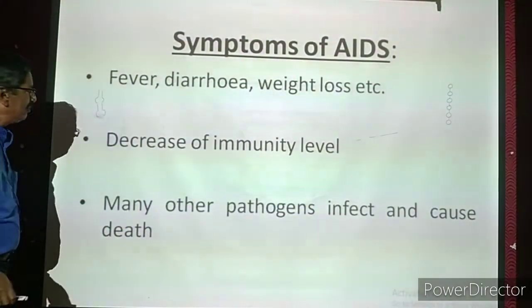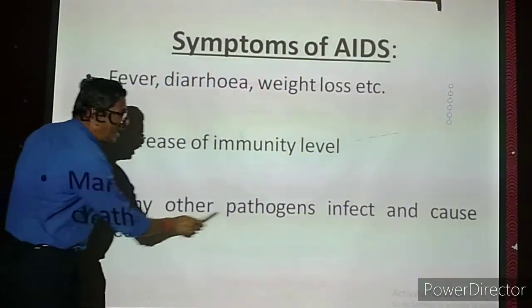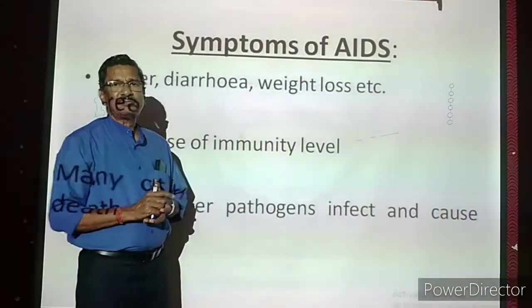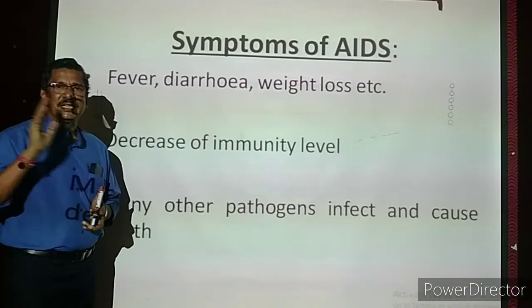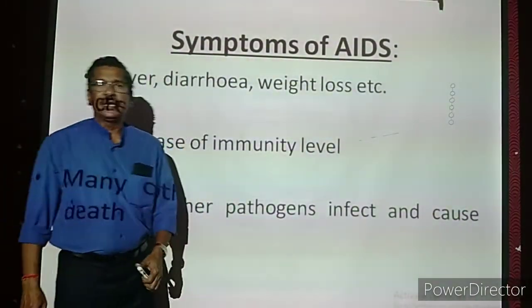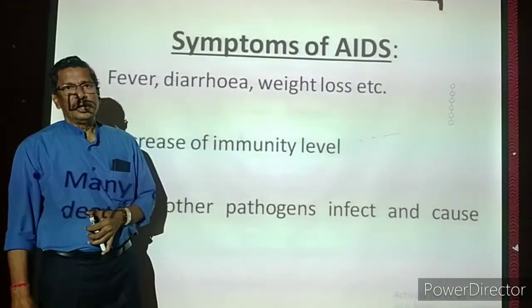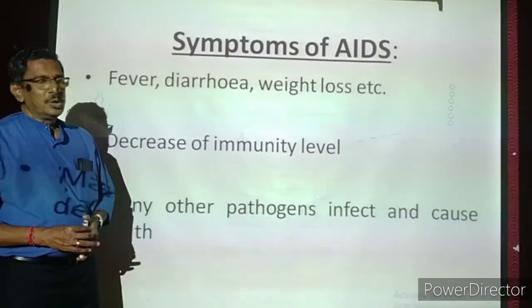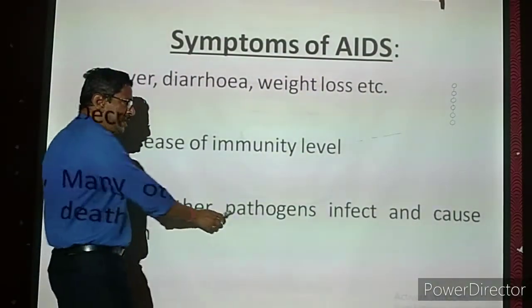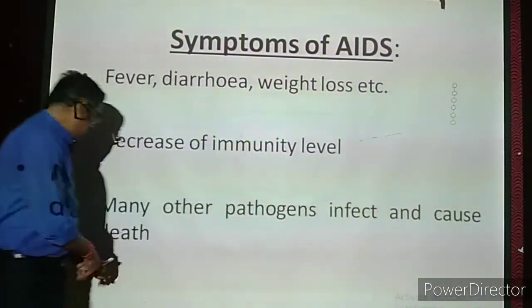HIV is not killing the person; HIV is destroying only helper T cells, so immunity level is going down. Other pathogens like tuberculosis bacteria, typhoid bacteria, and many other microorganisms will enter into the body, infect and cause death.